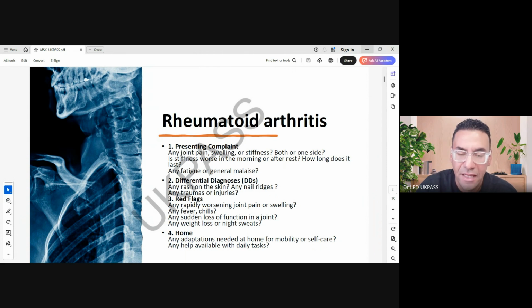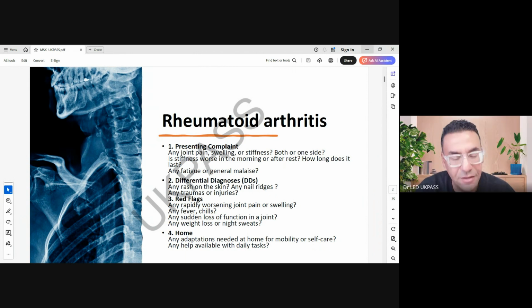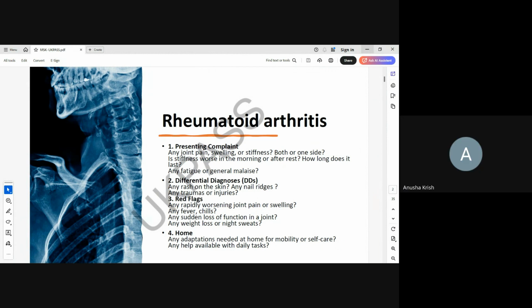Is rheumatoid arthritis a long-term condition or a short-term condition, do you think? Long-term condition. Is it a common condition or an uncommon condition, or fairly common?